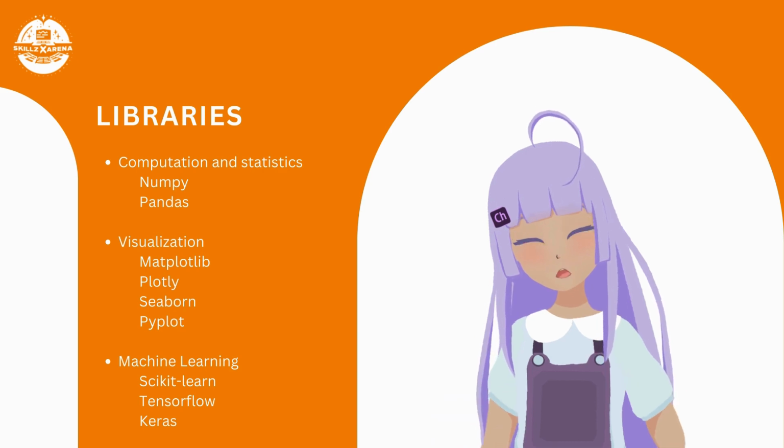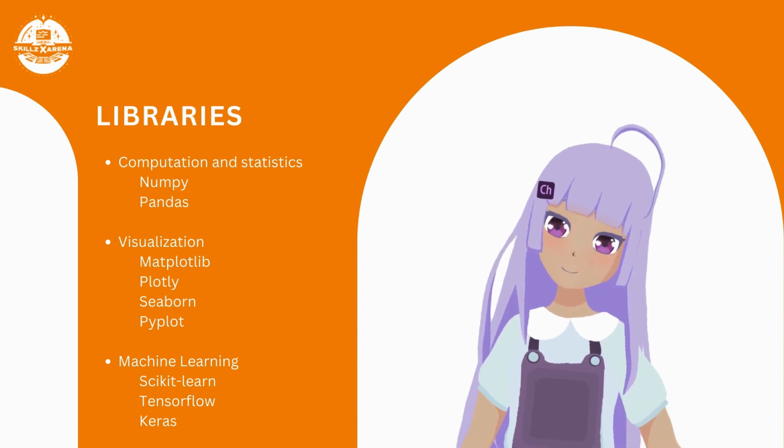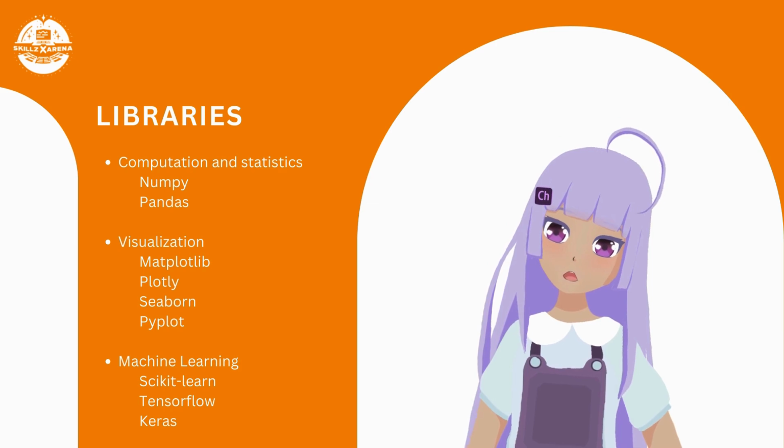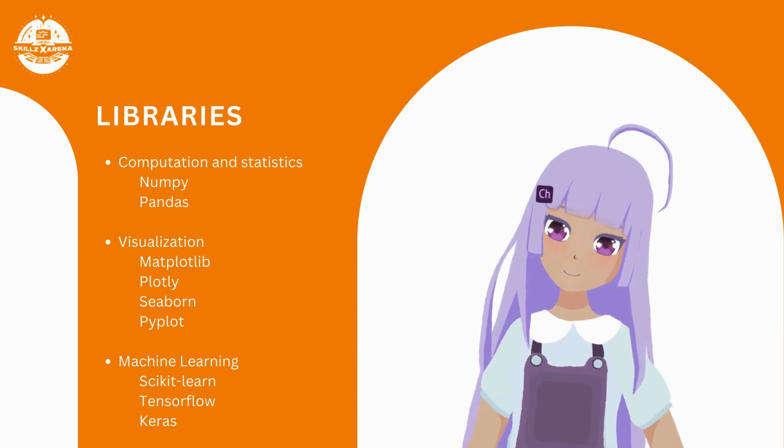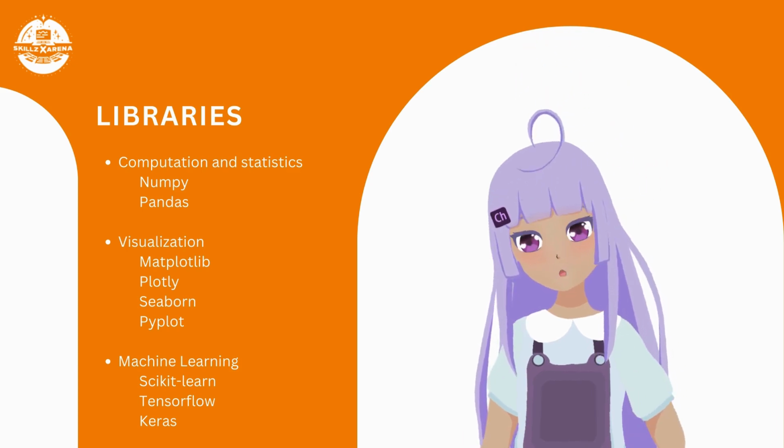Apart from visualization, there are a lot of libraries which support machine learning also. For example, there is a library with the name scikit-learn, which has all the major machine learning algorithms implemented in it. We just need to import this library and we can straightforwardly use the machine learning algorithms.